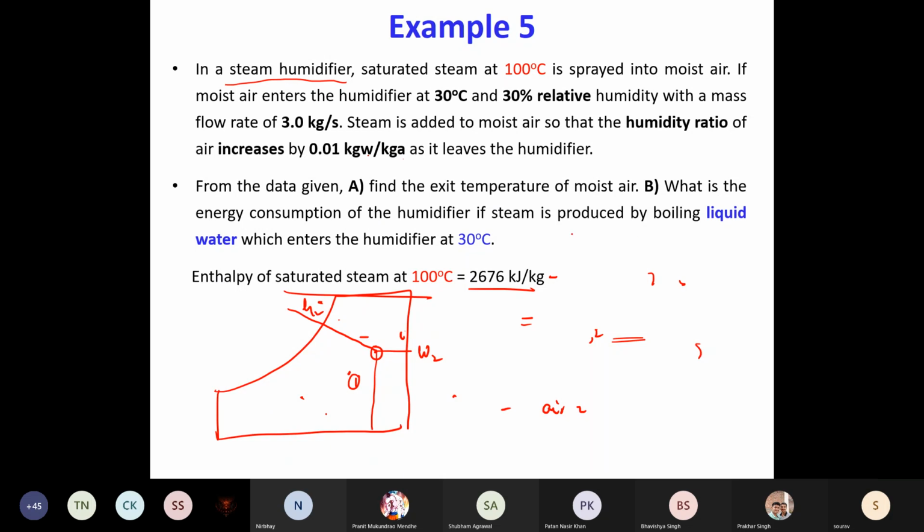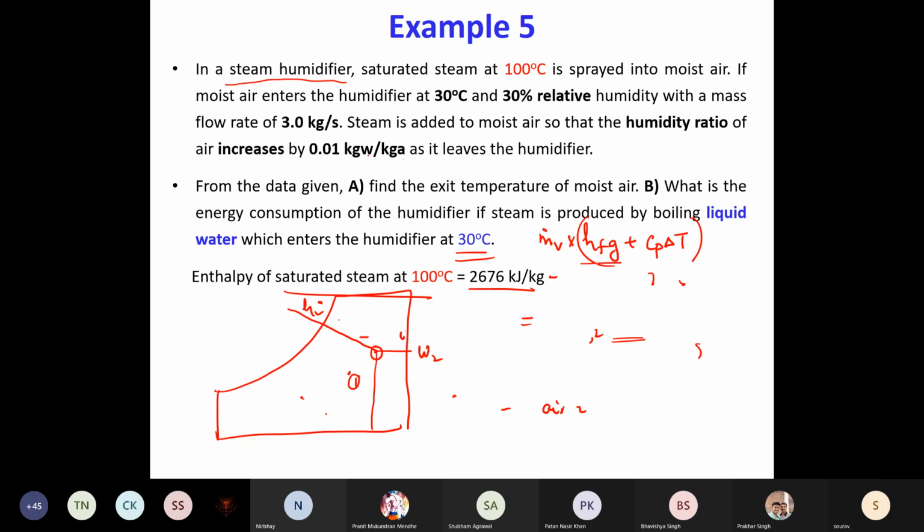So part B is we have to find out the energy consumption of this humidifier. So what you have to do is, your rate of steam production is m dot v into hfg plus Cp delta T, because the temperature of water that you will supply into your humidifier is 30 degrees C. So it has to be brought to 100 degrees C and then the latent heat of vaporization.